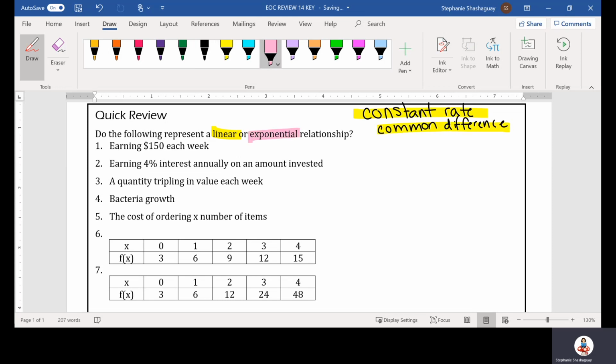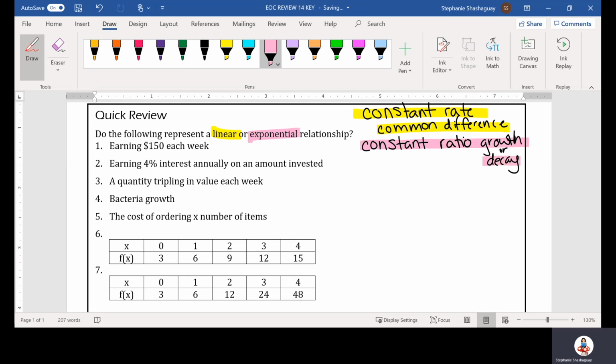And our exponential relationship is when we have a constant ratio. And that can be growth or decay. So if something is growing exponentially or decaying exponentially, then we would have exponential growth.